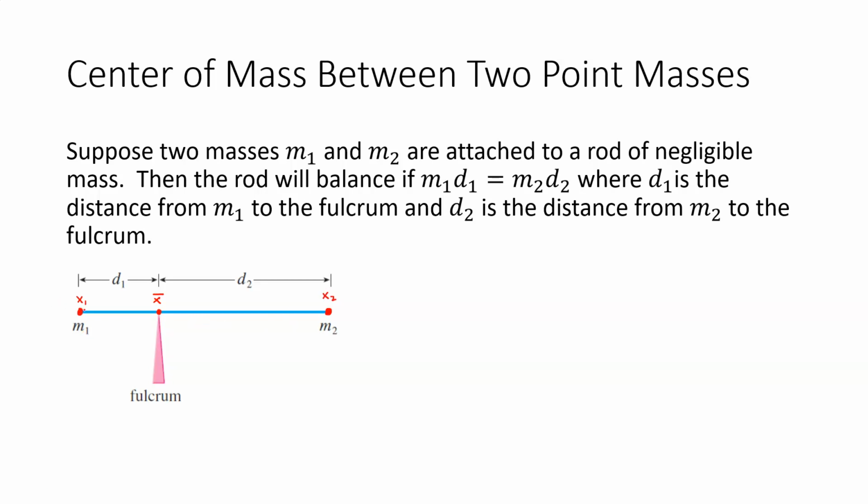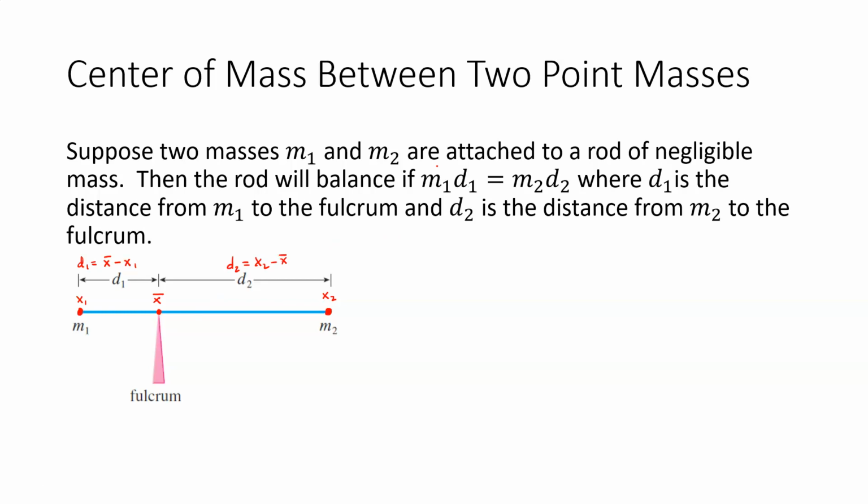So now thinking of these as points on a line, we can think of D1 as the distance from x bar to x1. So it's x bar minus x1 for D1. And D2 will be the distance from x2 to x bar. So it'll be x2 minus x bar.